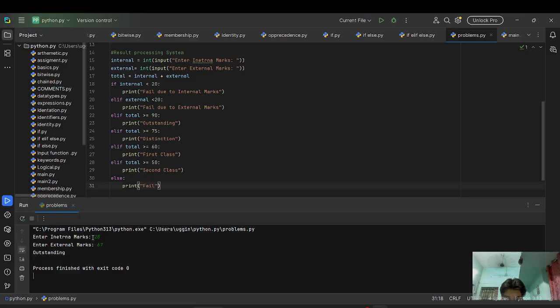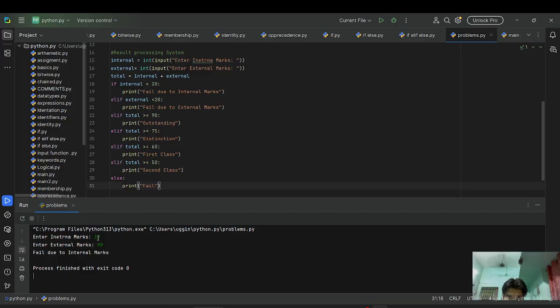Now consider another student who got internal marks of 18. Let's run this again. If I enter here 18, and external marks are around 90, it prints fail due to internal marks. After entering this, 18 plus 90, the total is 108.